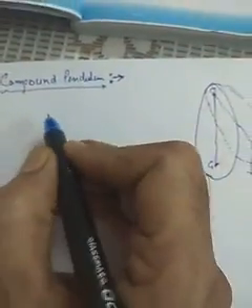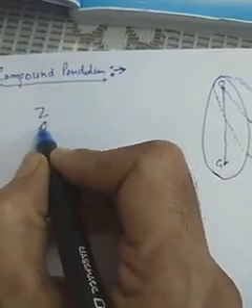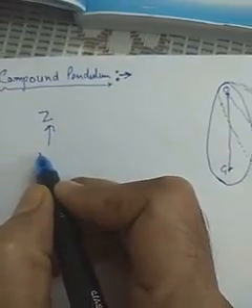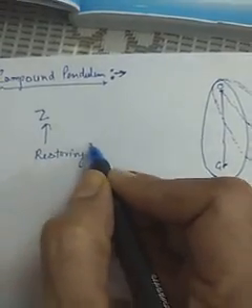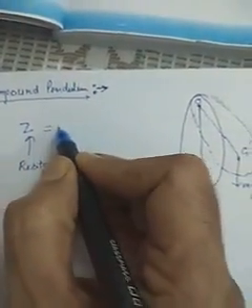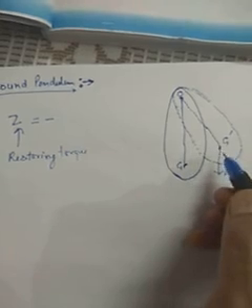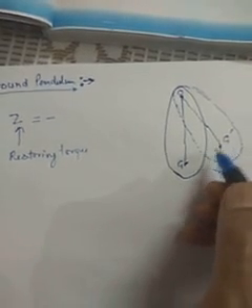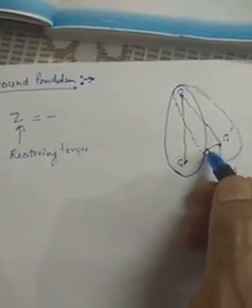So the restoring torque is equal to minus the force acting on this point in this direction.